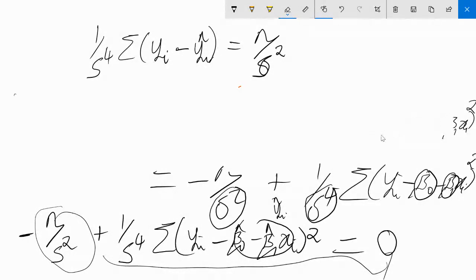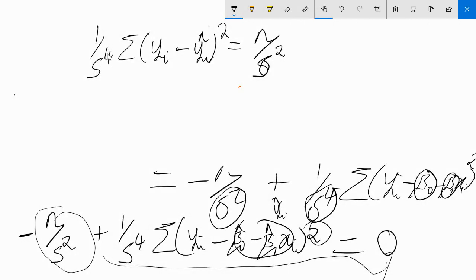Sir, what happened to the squared? No, it must be there. Thank you very much. So it must be here. As you can see here, it's squared. Thank you for that. So I can multiply both sides by s to the power 4.